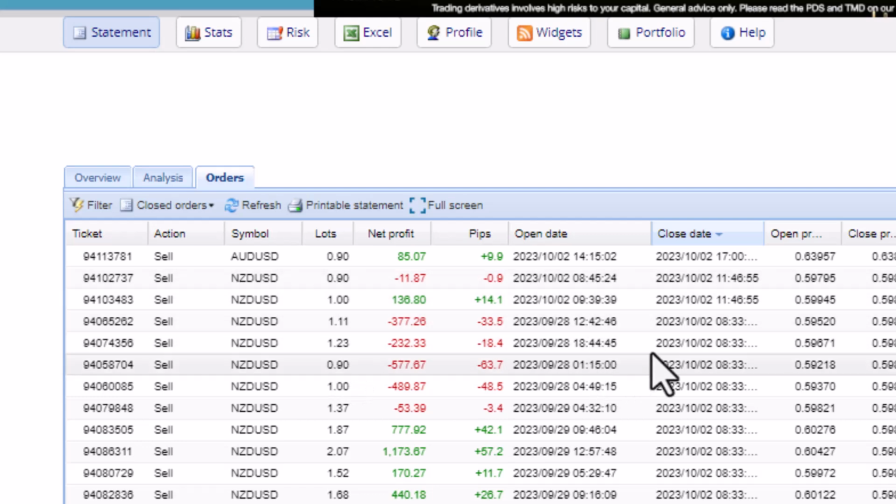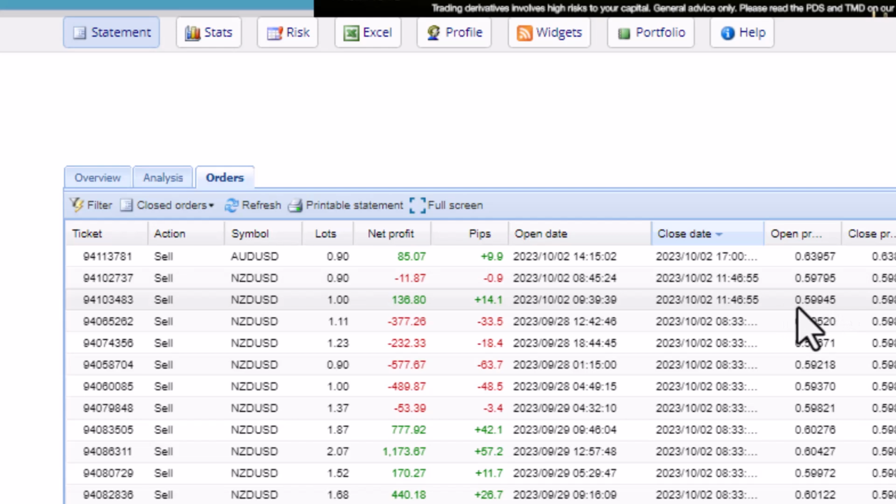There's the time, there's the prices that the transactions happened, and you can just take a small sample like that and reconstruct how these entries were made. So looking at those two New Zealand entries, there's the initial one, there's the subsequent one. You can see that the opening price was 0.59795.